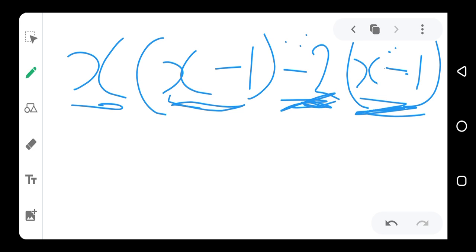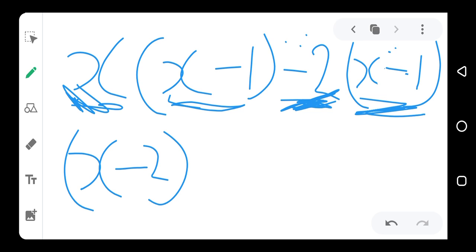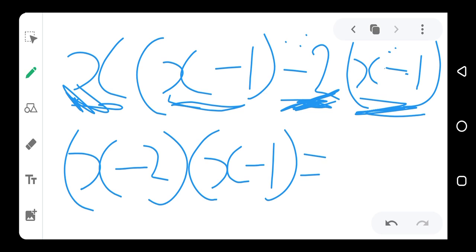So we now have this x, and this 2, which is minus 2, we put two of them together. And then we take only one of the brackets, which is x minus 1. Now everything is equal to 0.